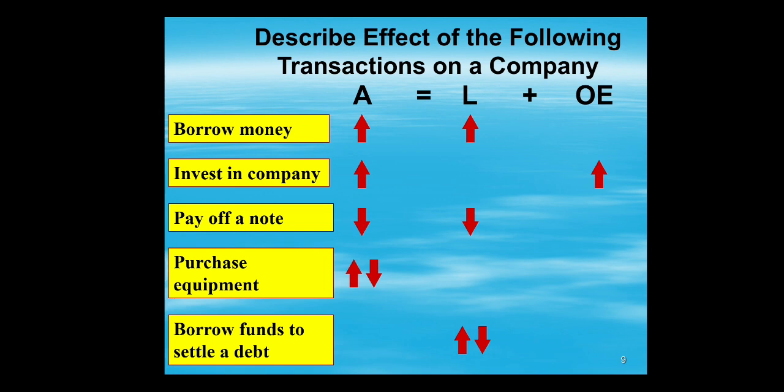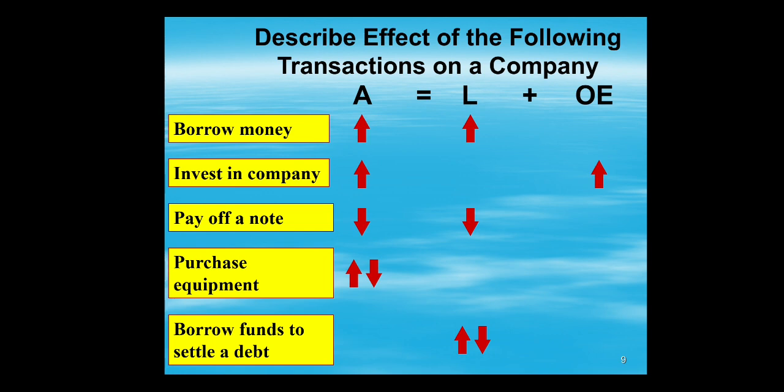For example, in transaction number 4, the effect of that transaction is an increment in asset and also a decrement in asset. It can happen like that. And then you can see in the example transaction number 5, the effect of that transaction is two effects on the right side of the equation only.